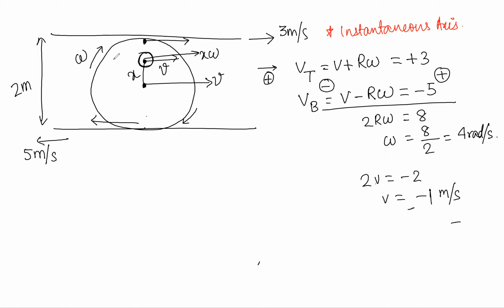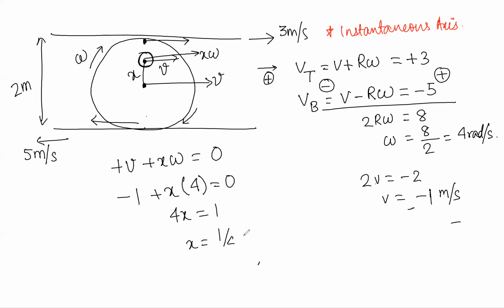Now let's come to this point. To find the instantaneous axis of rotation, at that point v plus x omega is equal to 0, because the instantaneous axis of rotation is a point that stays at absolute rest. So v is equal to -1, x I don't know, and omega is equal to 4. So this is 0, which means that 4x is equal to 1, or x is equal to 1 by 4 meters.